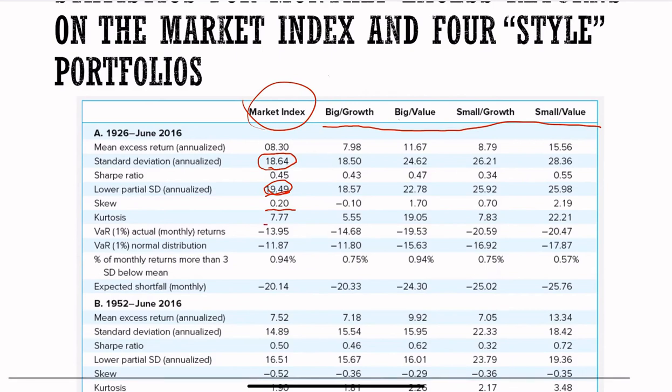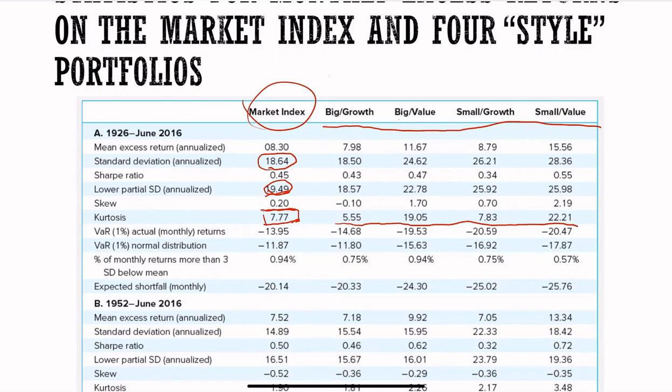And if you look at kurtosis, you can see that this is the major deviation from normal distribution. You can actually see this from other portfolios, right? So you can see that the equity market has a very fat tail.